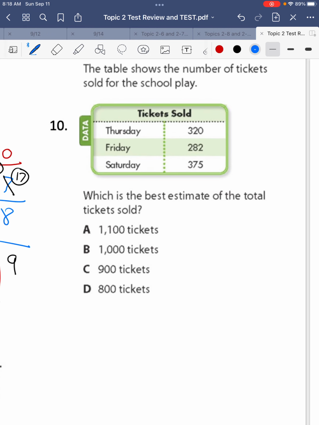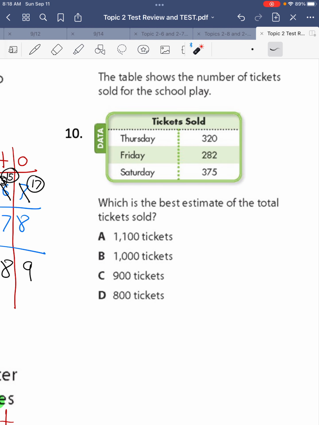And last problem, 10, says, the table shows a number of tickets sold for the school play. What is the best estimate of the total tickets sold? So they want to know best estimate total tickets sold. Best estimate tells me I'm going to round. Total tells me I'm going to add.